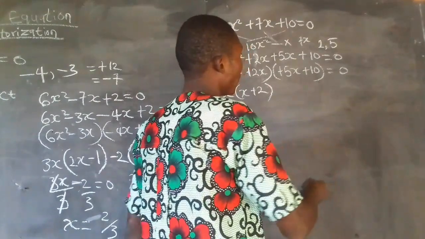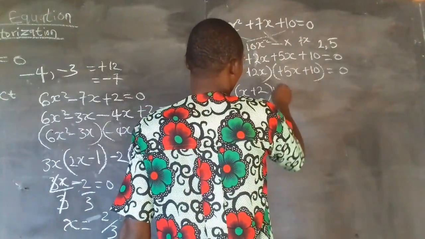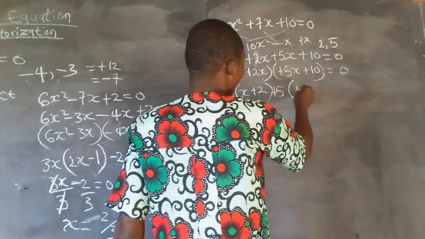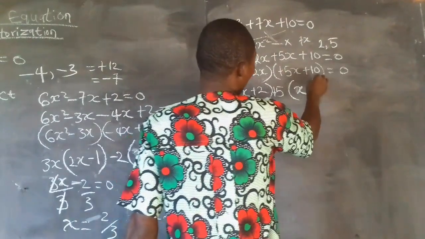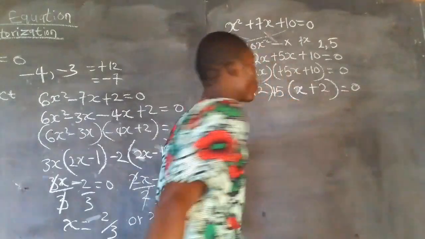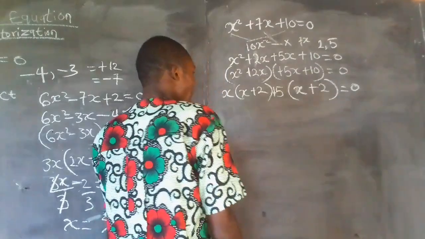So here, what is common? Here, you see that it's plus 5 plus 5. So you have your x here. So 5 times x, you have your 5x, plus 2, which is still equals to 0. So 5 times 2, you have your 10.